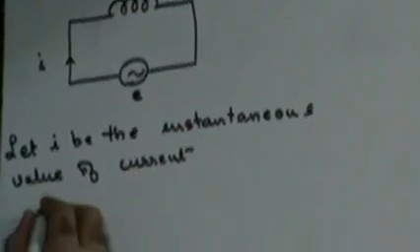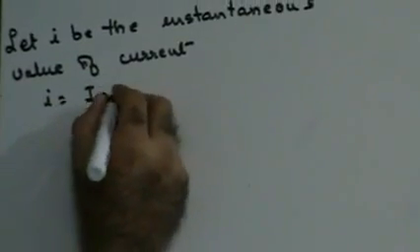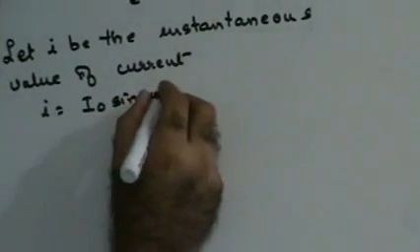Then we have already derived that I is equal to I0 sin omega t, the instantaneous current in an AC circuit.